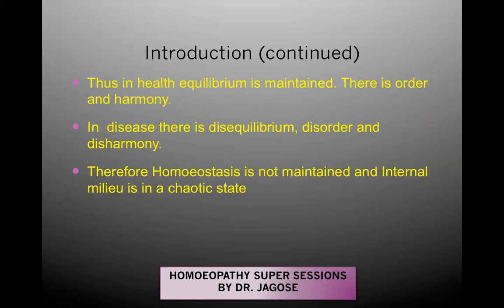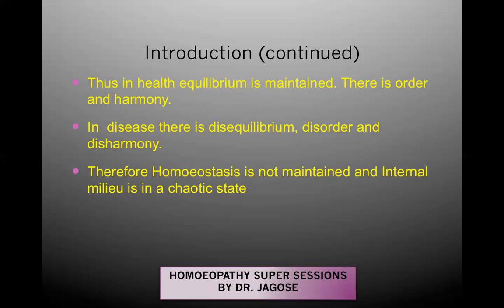Thus in health, equilibrium is maintained. There is order and harmony. As you all know, in a healthy state, the vital force is in harmony with the trinity of life, that is the mind, body, and the soul. So if everything is functioning properly in conjunction with all other factors, then health is maintained, or in short, there is harmony.